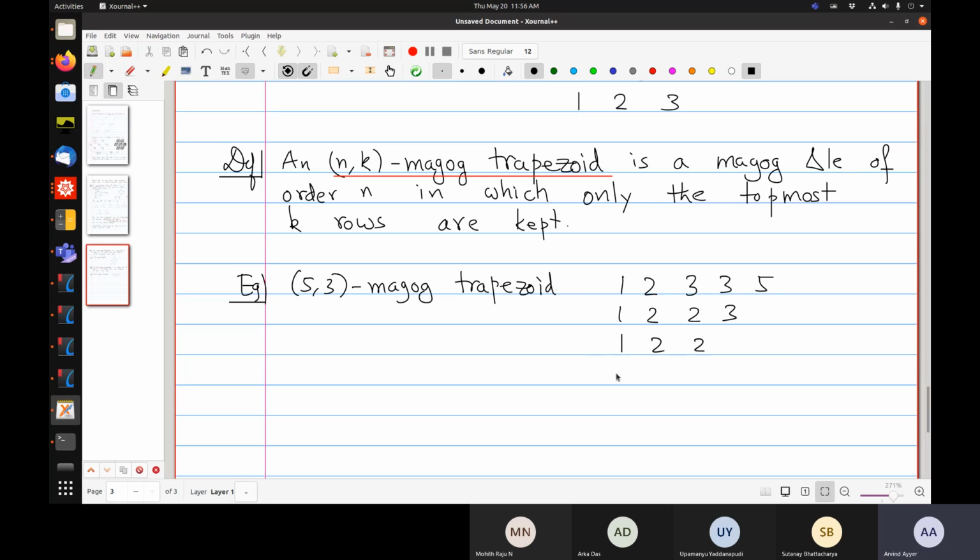So what we have done is killed the bottom, but here, just like in the gog trapezoid, the first column is preserved, fixed to be equal to 1. Just like there, the bottom row is fixed to be the increasing sequence 1 through k.